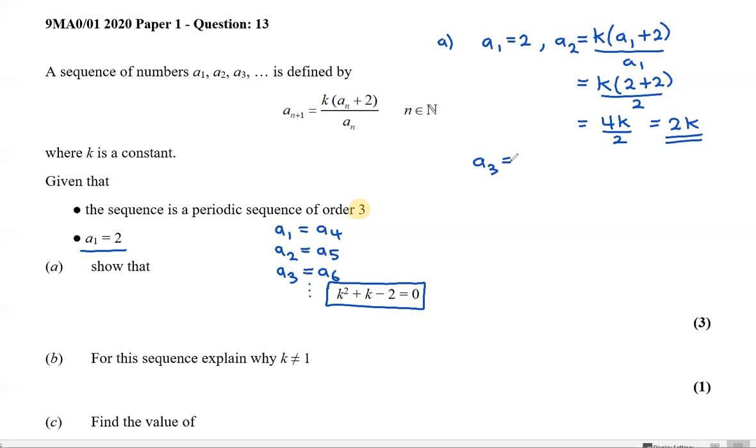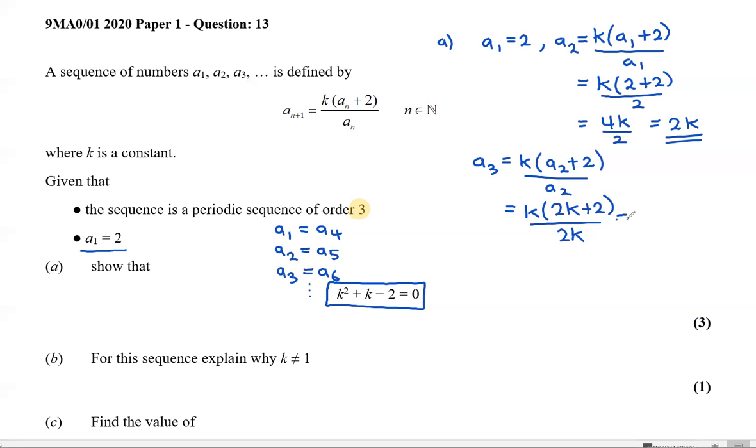Now A3 is going to equal k multiplied by, this time A2, because you take the previous term, and then we're going to add 2 to it, and then we're going to divide by the A2 term. Now if we do that, we've got k multiplied by 2k plus 2 divided by the 2k that we found earlier.